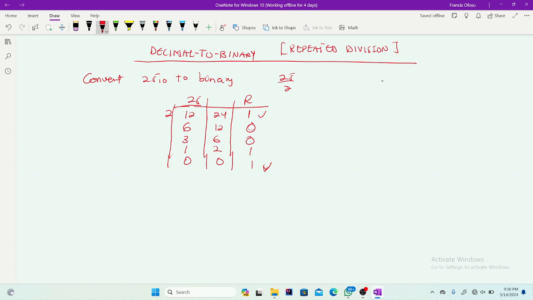This is because you realize that 2 will divide 25 by a huge number only when you are dealing with the least significant bit. But the most significant bit, when divided by 2, will give a very small number. That is 0, right? Take note.